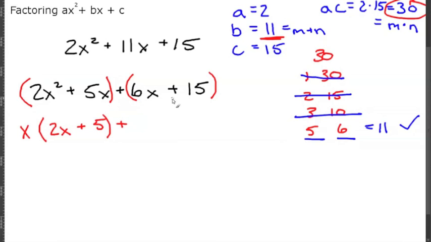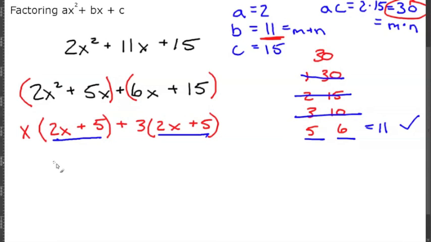From the second one, we can pull out a 3. Pulling out a 3 will also leave us with a 2x plus 5, because 3 times 2x is 6x, and 3 times 5 is 15. As you can see, we have similar terms that are multiplied to some number or variable. So we can factor this even further.